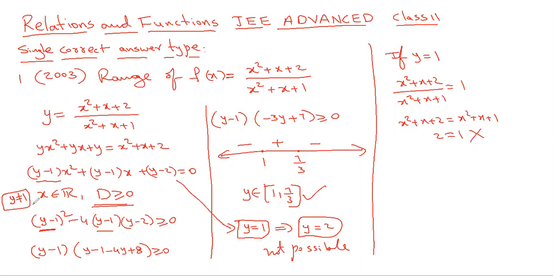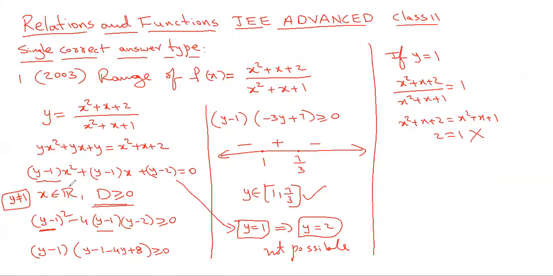Sometimes in the case of y equal to 1 also, you will have x as a real number, then we can include it as usual. If y equal to 1 is not giving x as a real number, then we'll exclude that. So that's why we need to verify y equal to 1, where the x square coefficient equals 0. The y value corresponding to x square coefficient equal to 0, you need to verify for the second time. That's what we are doing here.